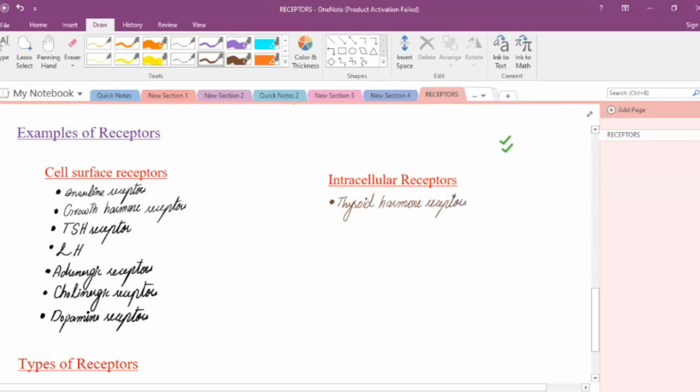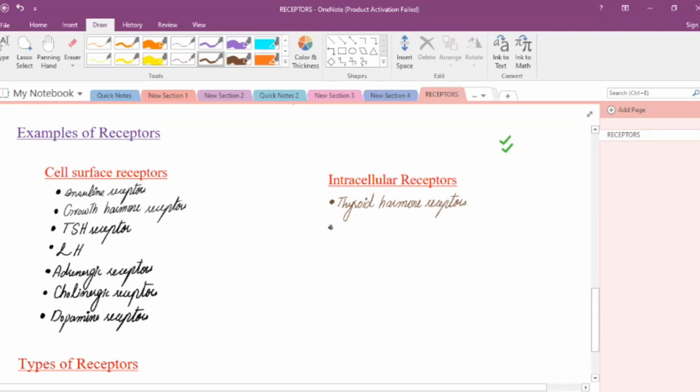Listen, TSH is thyroid stimulating hormone. That is a cell surface receptor, right? But the receptor for thyroid hormone, through which thyroid hormone is going to perform its normal physiological activity, will be an intracellular receptor. It means that thyroid hormone will go into the cell, will bind with its receptor and perform its normal physiological activity, right?